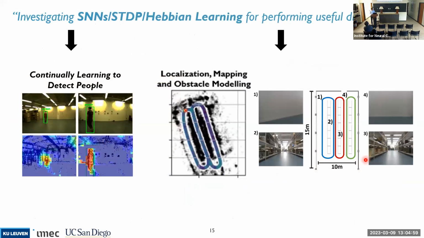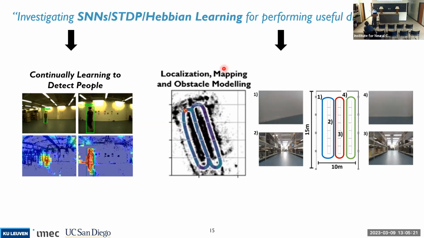And so now that we have this drone platform and we can record data, we really want to do some interesting stuff with that, using our SNN SCDP kind of framework. And so what I will show you in the next slides is two things. First, learning to detect people, so basically from event data, learning to output attention maps, as you see here.